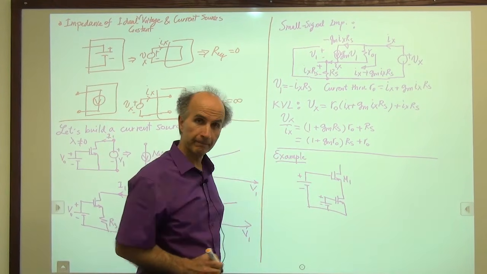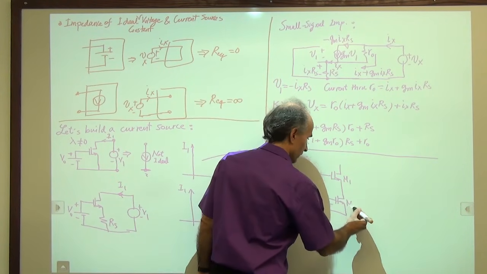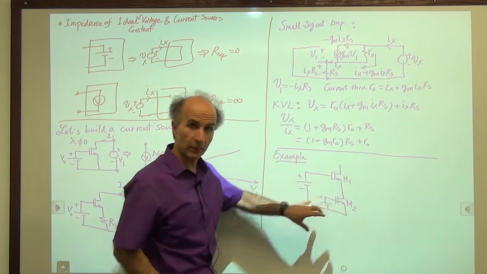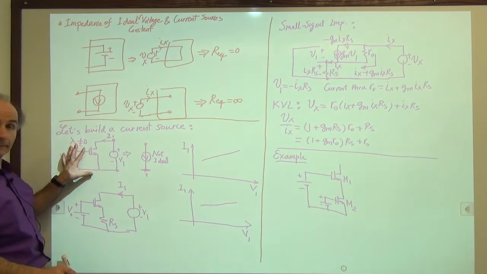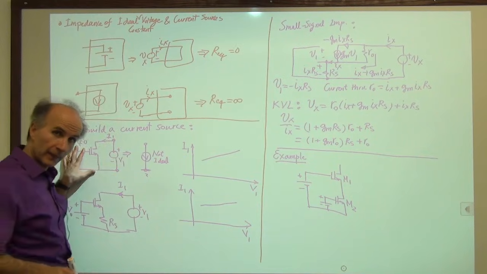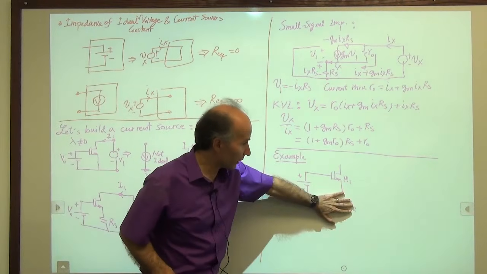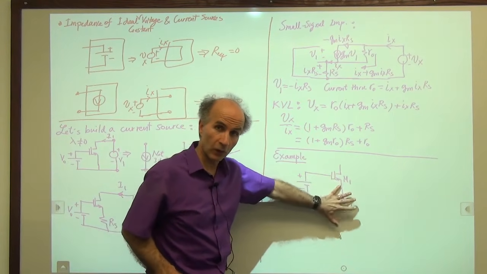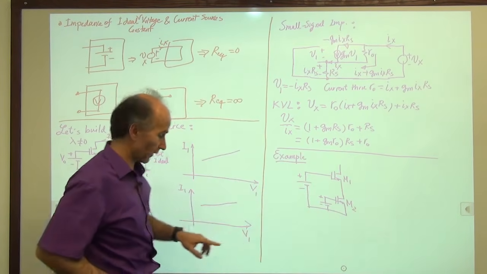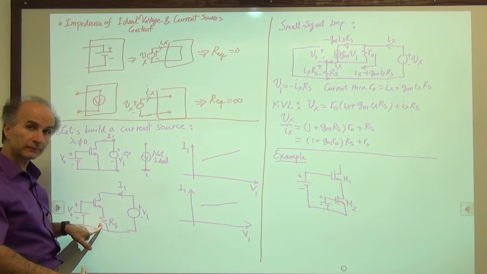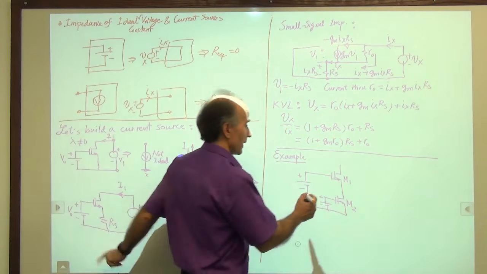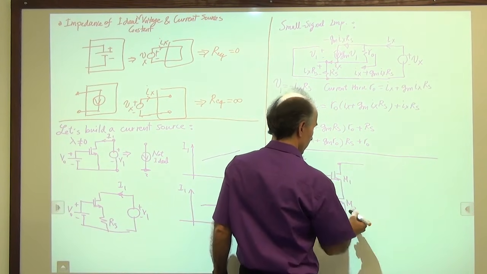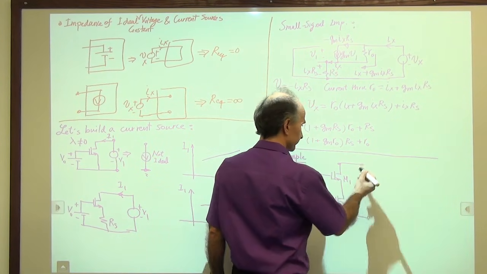Is that okay? So you see that this current source resembles the good old current source that we had here without degeneration. And now this whole current source is degenerating this device. This whole current source is acting as this RS here. And what we would like to do is find the impedance of this two-terminal device from here to here.